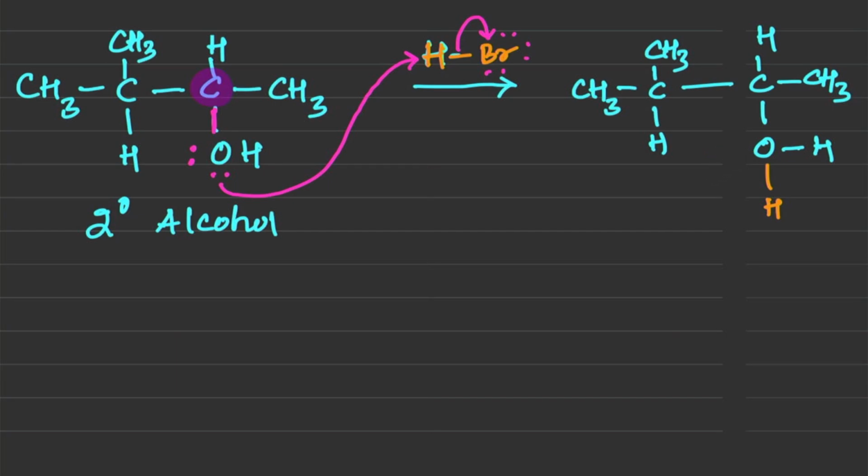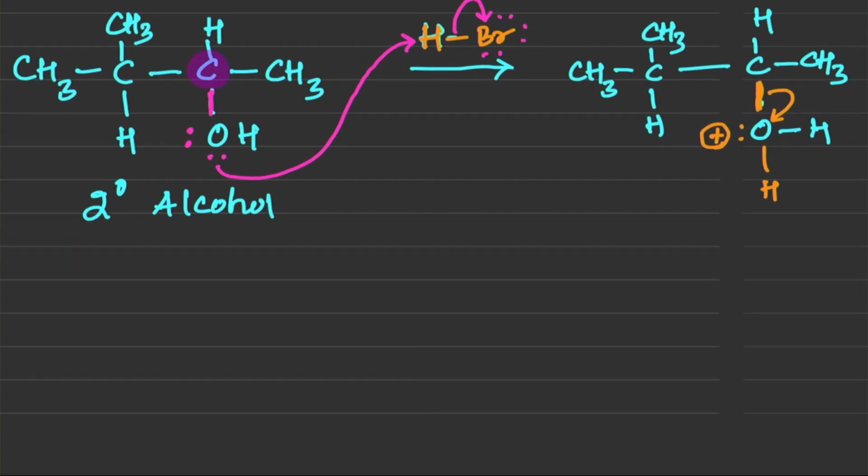So let me erase this. I made a silly mistake there. We got 1 lone pair left over. If you neutralize it, I'm going to break this particular bond. You have 2 electrons, so these 2 electrons would move back to oxygen to neutralize it.